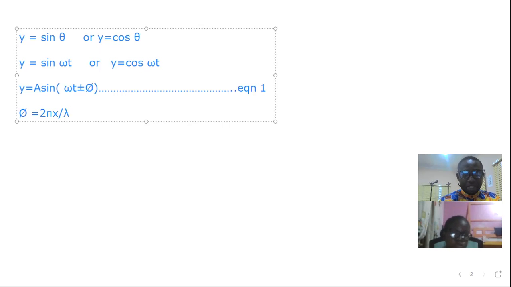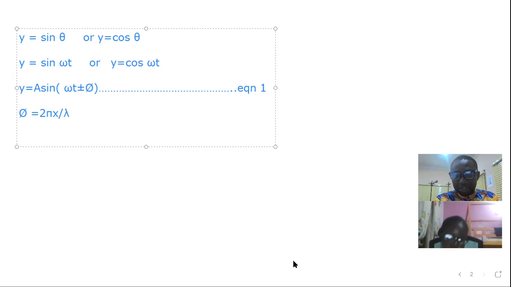Now, if we represent the phase constant as 2 pi x over lambda, that means our next equation, if we represent phi as 2 pi x over lambda, and remember we called that phi a constant, so that means we can write our equation as this.